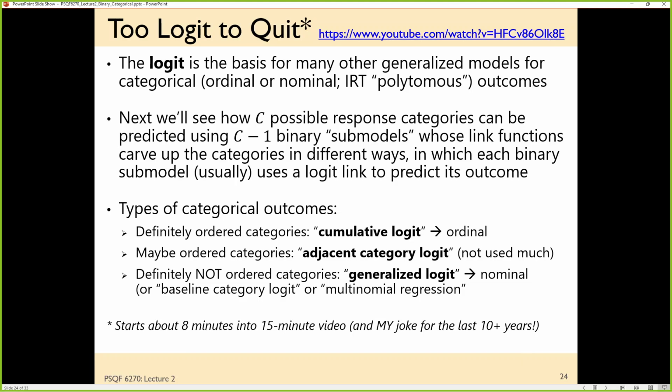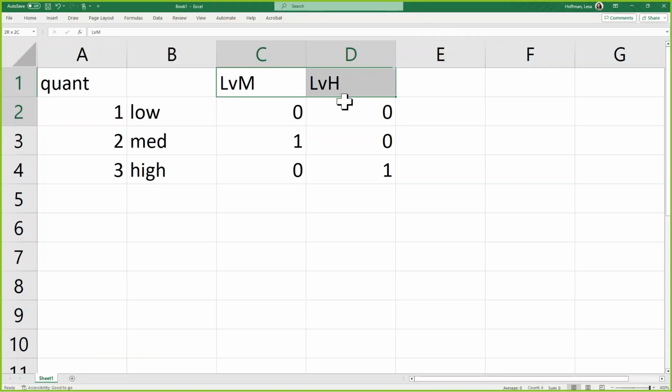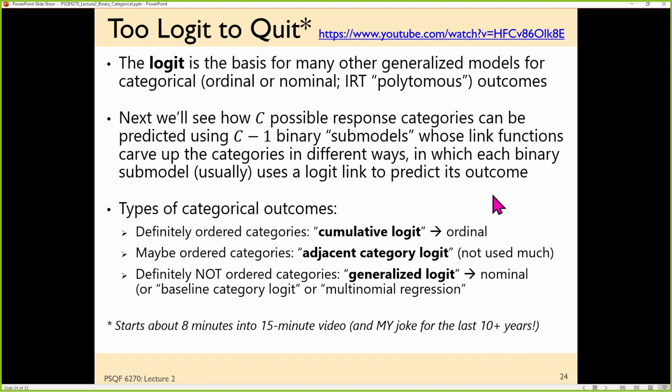The catch is recognizing this translation to where we're going to take your categories and divide them up into binary to predict. So which way we set up those separate submodels is going to be based on what kind of outcome it is. So we call this generalized models for categorical outcomes with special cases of ordinal, where they're ordered categories, nominal, where they're not ordered.